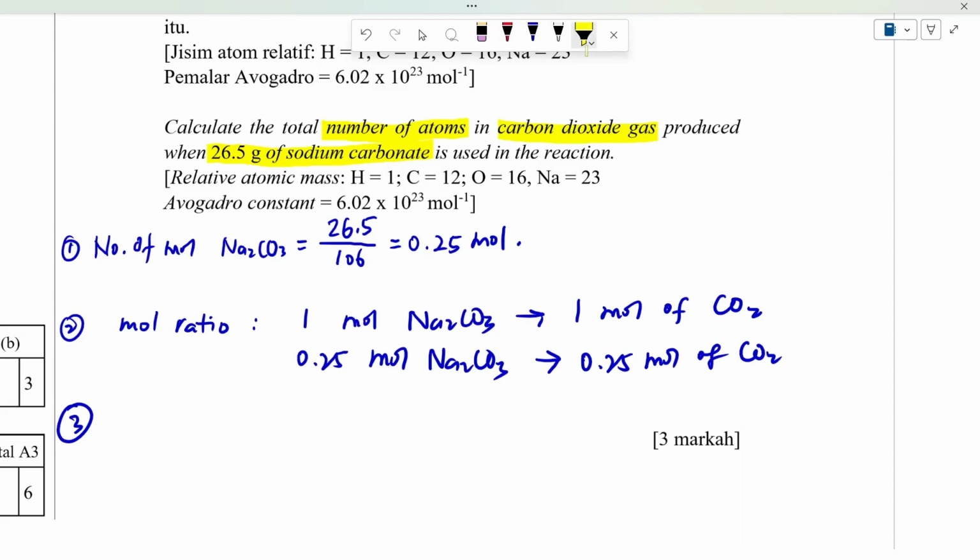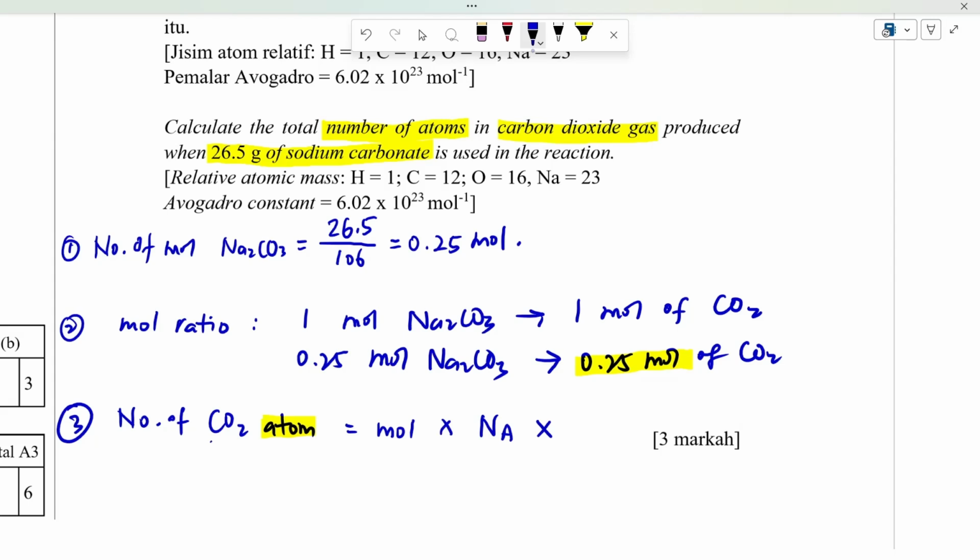Now you have the number of mole already, right? 0.25 mole. Can you find the number of carbon dioxide atoms? So atoms here, be careful. It's mole times Avogadro constant NA. Is this the only one we need to count? Mole times NA times 2 or 3?